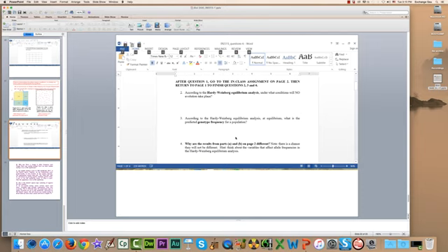Question 3. According to the Hardy-Weinberg equilibrium analysis, at equilibrium, what is the predicted genotype frequency of a population? It is p squared plus 2pq plus q squared equals 1. So, one of the things that students often find confusing is the difference between allele frequencies and genotype frequencies.